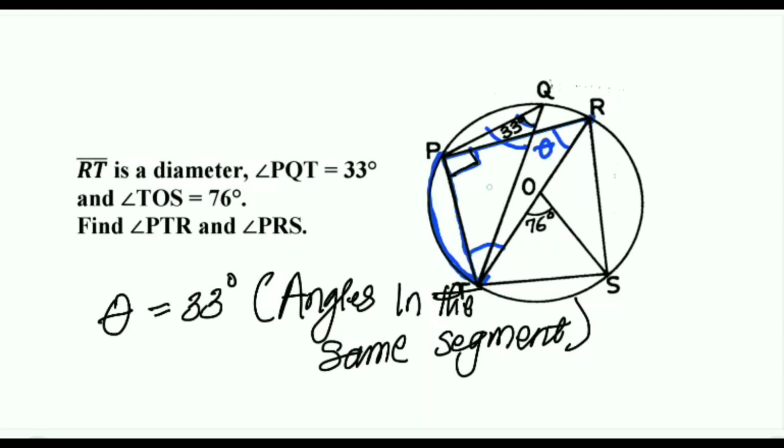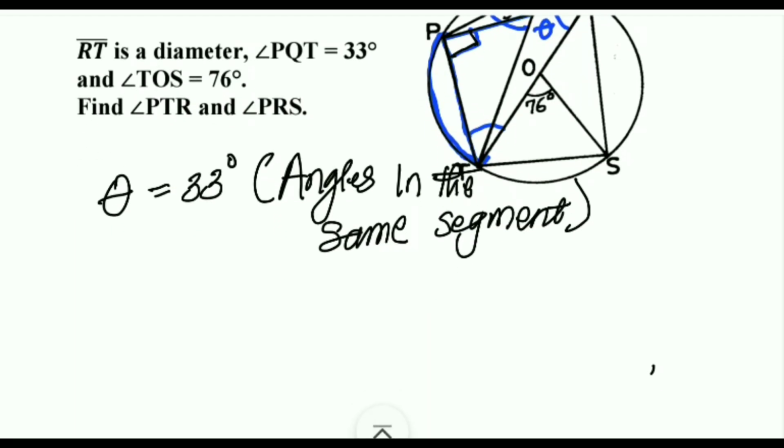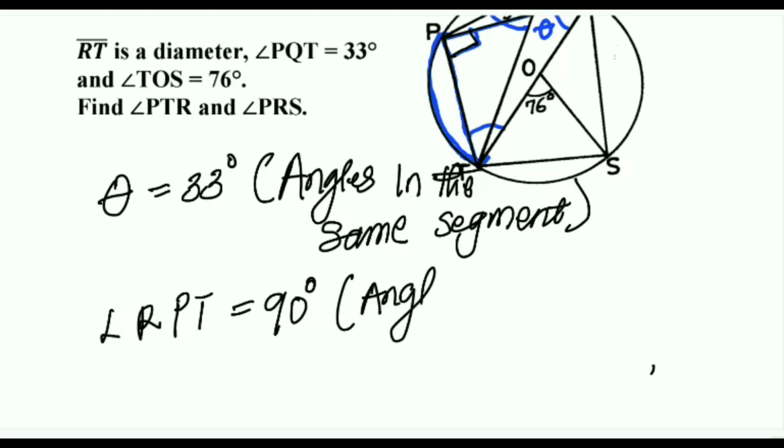Angles in a semicircle are 90 degrees. So angle RPT will be 90 degrees, and the reason is angle in a semicircle.